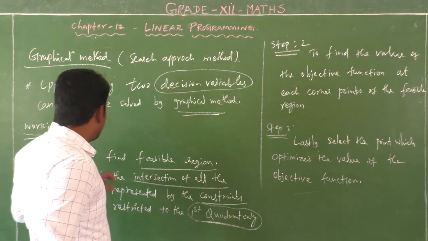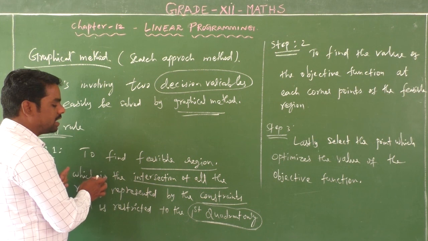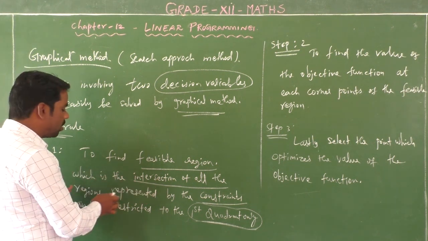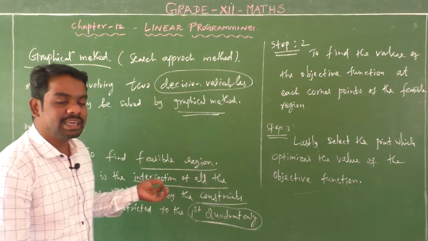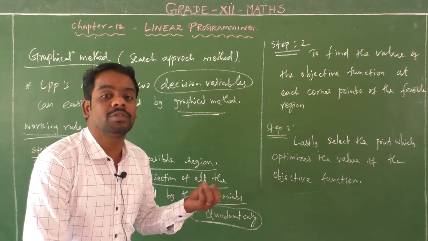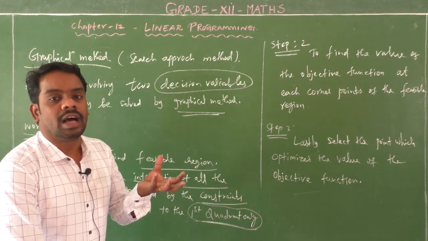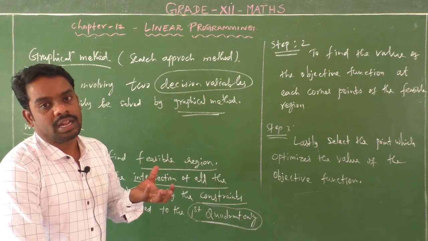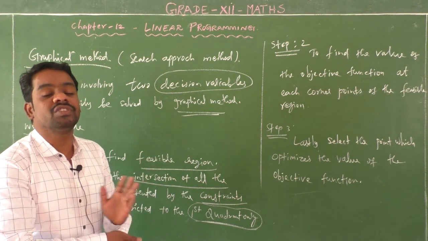To find the feasible region, which is the intersection of all the regions represented by the constraints. கொடுத்த constraints-ஐ பொறுத்து நம்ம ஒரு லைன் ட்ரா பண்ணிட்டு அதுக்கு ரீஜியன் ஃபைண்ட் பண்ணுவோம். இந்த given regions எல்லாம் எங்கே intersect ஆகுதோ அதெல்லாம் சேர்ந்து தான் feasible region.